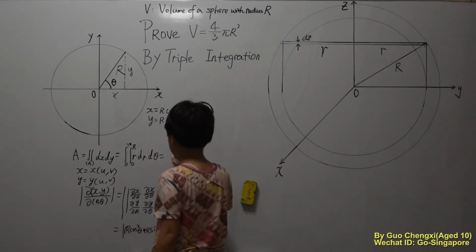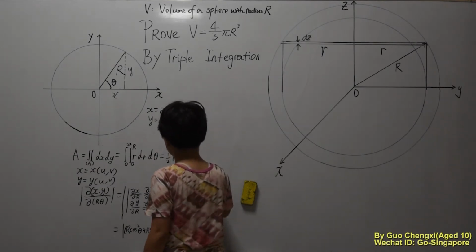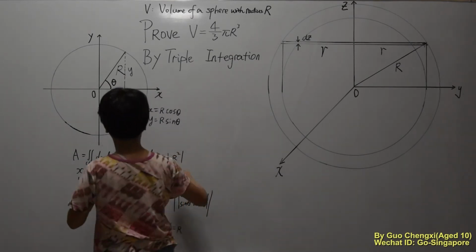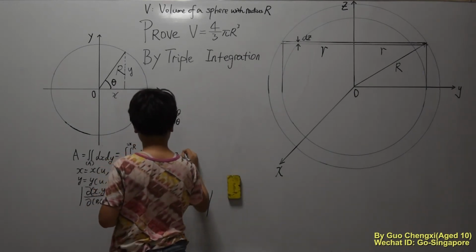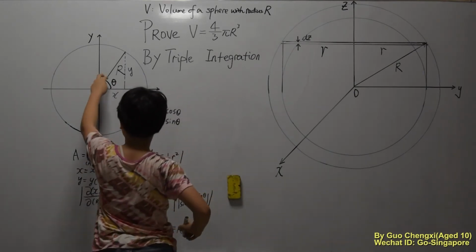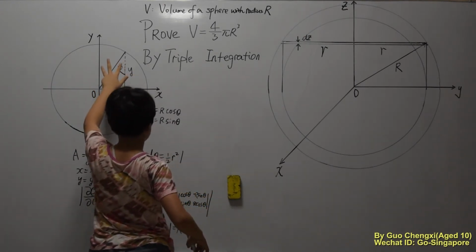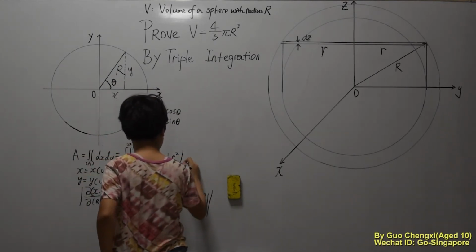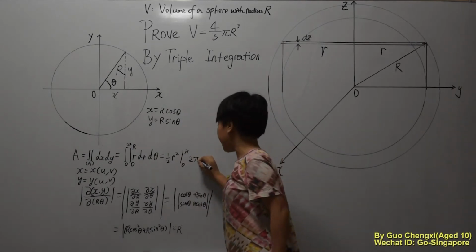Now over here for this part becomes half r square from 0. Wait a second. Okay, so for this part over here, if you realize for this r, from 0 to R, then after that you times 2 pi.